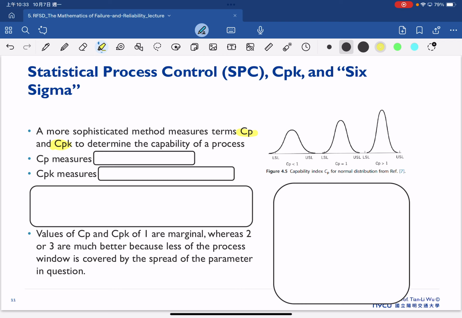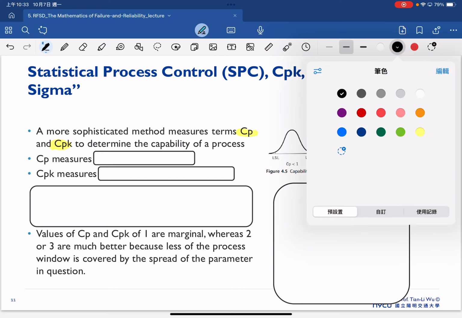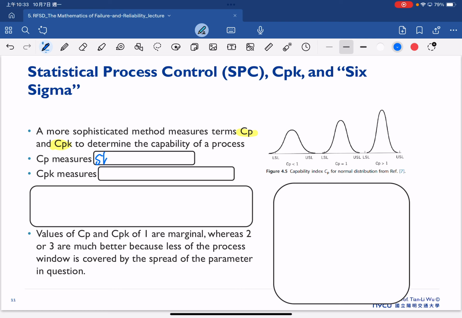The CP here is meant as a short-term capability. And the CPK here is called the long-term process capability.